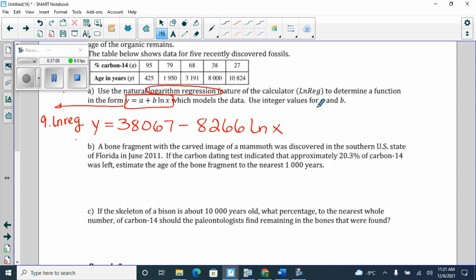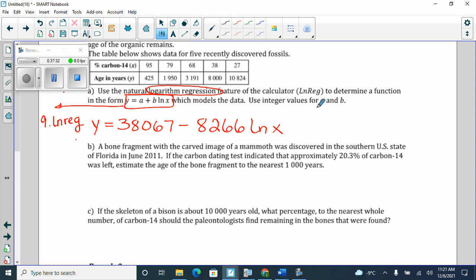Then here it says a bone fragment with the carved image of a mammoth was discovered in the southern U.S. state of Florida in June 2011. If the carbon dating test indicated that approximately 20.3% of carbon-14 was left, estimate the age to the nearest 1,000 years.